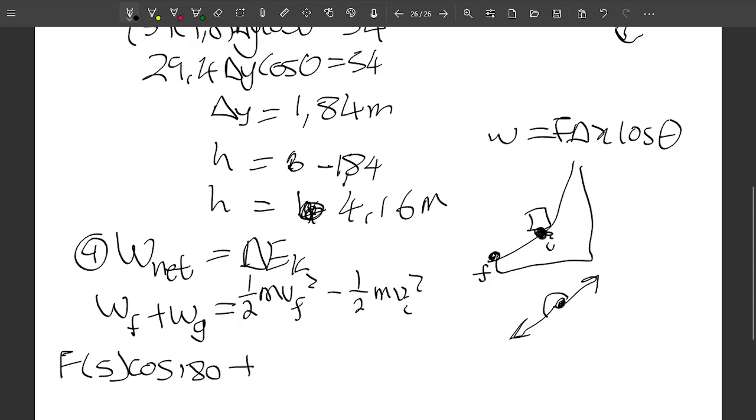Plus, now let's look at gravity. The force of gravity is unknown in this case, but I know that the FG is just a good old mg.